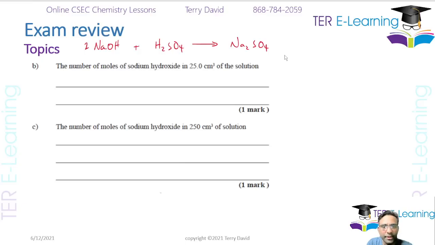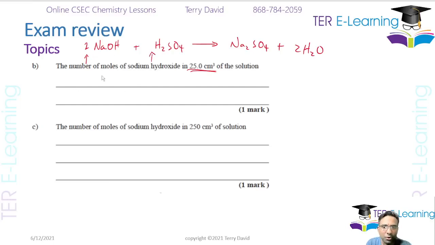So we have to put in 2 here, and this was 2H2O. So what's happening now? We want to figure out how many moles of the sodium hydroxide we have in 25 cm cube. Now, according to this equation, 2 moles of sodium hydroxide react with 1 mole of the sulfuric acid, right?